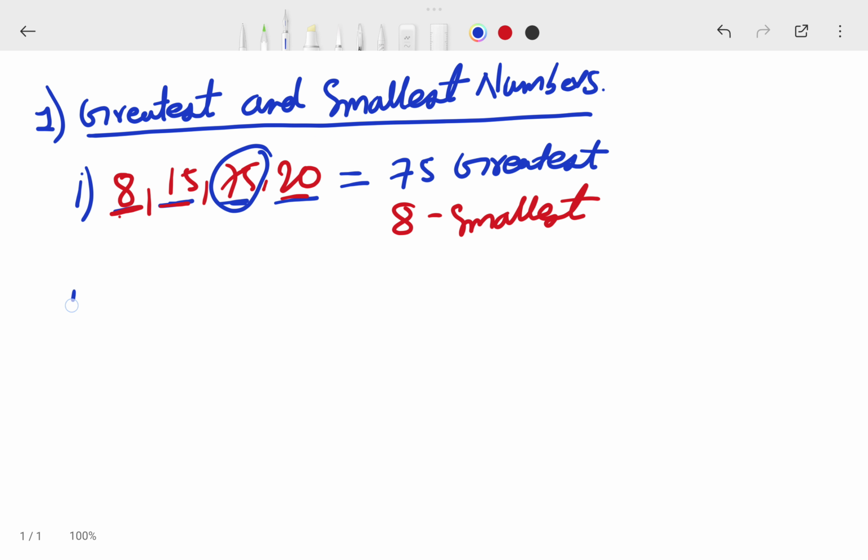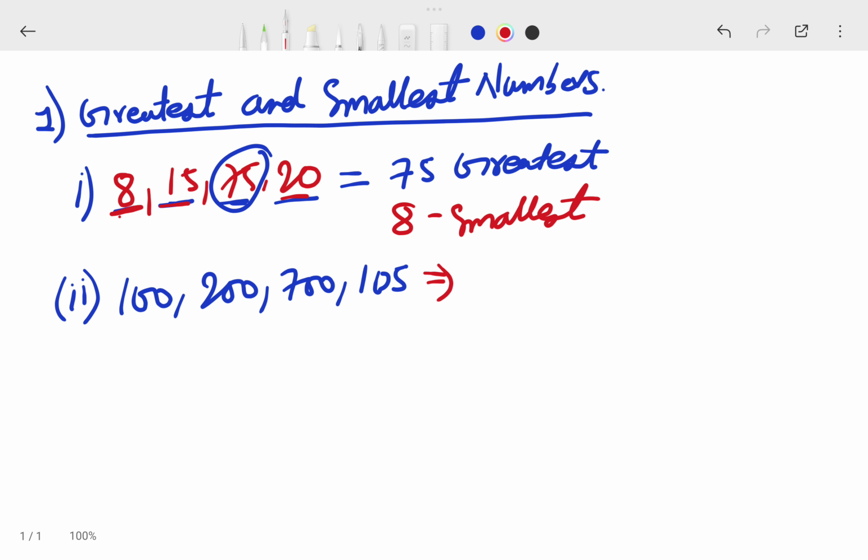Let me take you another question. Let's suppose this is 100, this is 200, this is 700 and this is 105. Now in this one I'm asking you which is greater. So you will say in this whole set, 700 is greater, so you will say sir 700 is the greatest number.